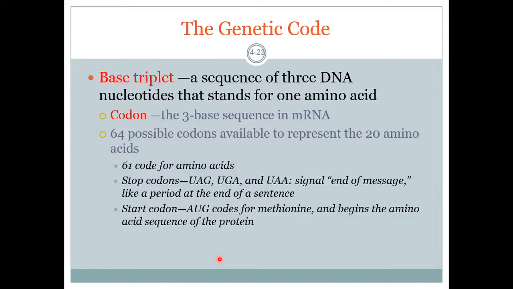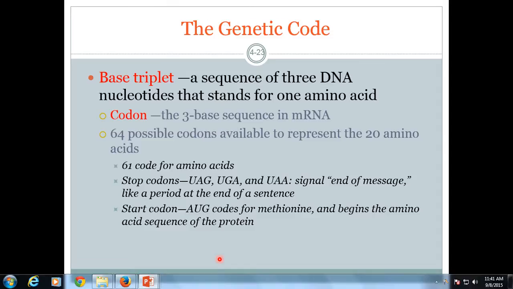The messenger RNA contains a mirror image of each base triplet, and this group of 3 bases is called a codon. The possible combination of 3 bases would yield a maximum of 64 codons.